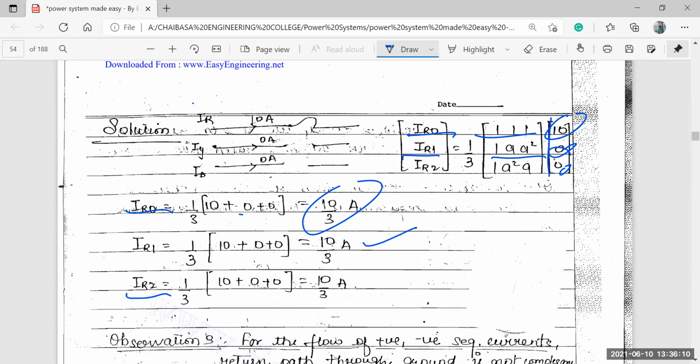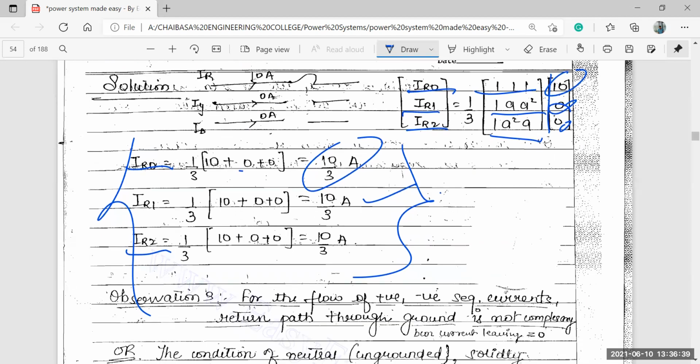Then there would be the negative sequence component IR2, this multiplied by this, so it will be 10 plus 0 and 0, right? So all three are present.